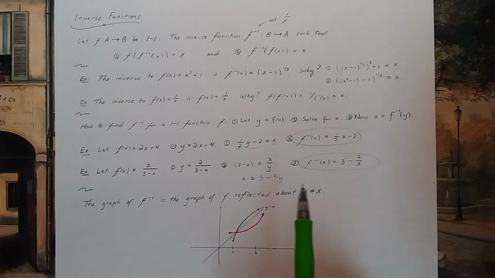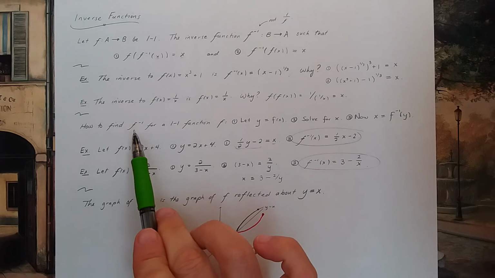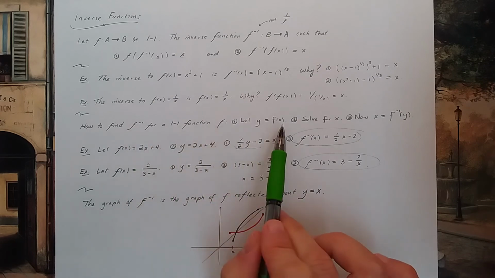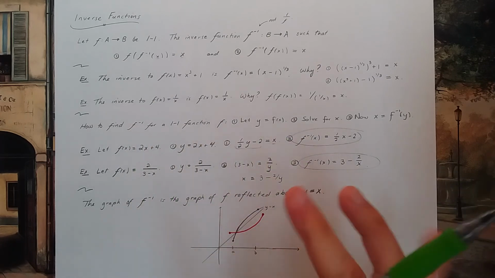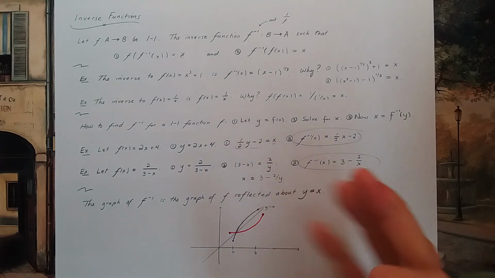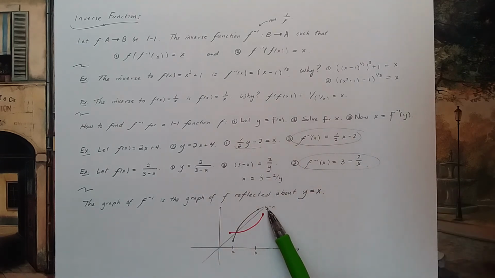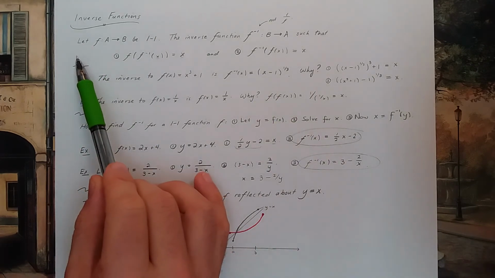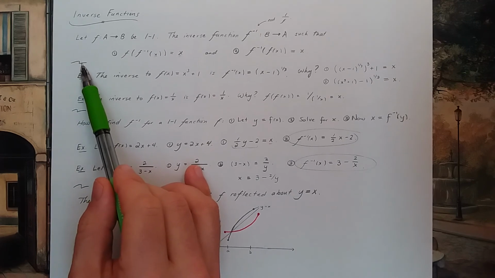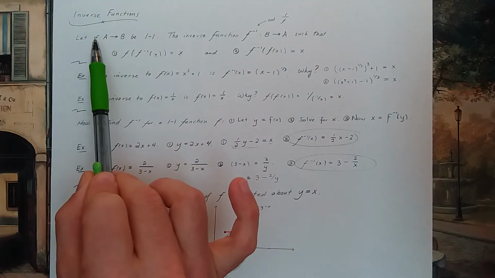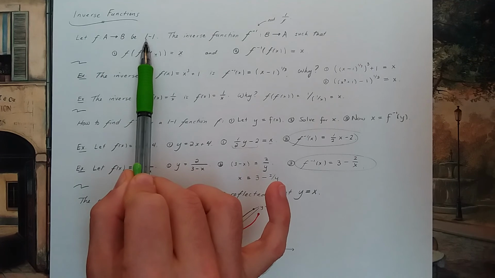Why is that? Well, if you think about this process to find the inverse function, what we're doing is reversing the roles of x and y. So we're flip-flopping the x and the y. That's why this condition about the graph is true. Now, if you look back in the very beginning, the first sentence I wrote down in this video was that f was a 1-to-1 function.